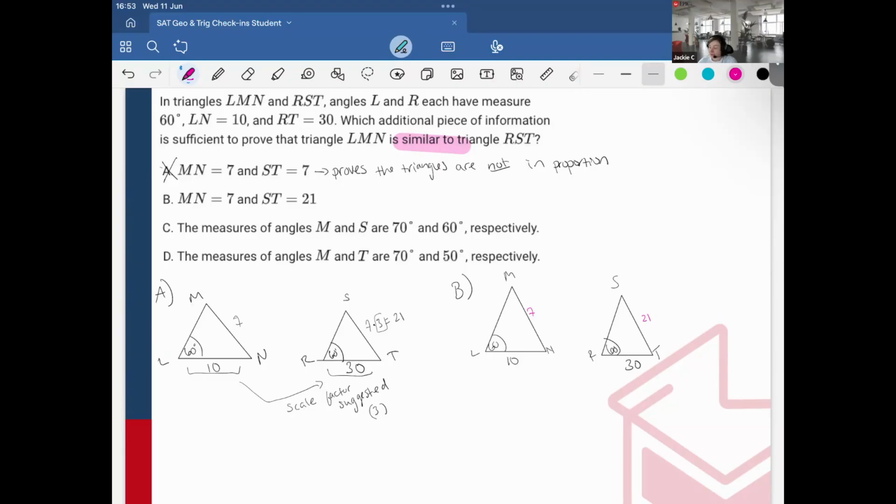However, it does seem better because the scale factor is at least matching, but I still am missing an additional piece of information. I would need to know that the angles are the same. So this shows sides are seemingly proportional.